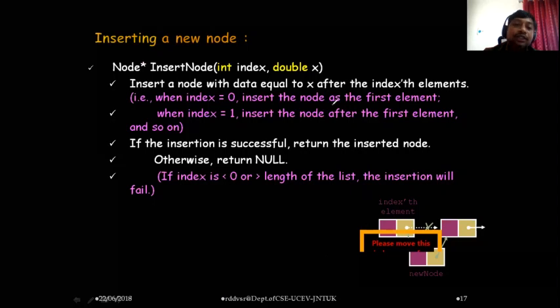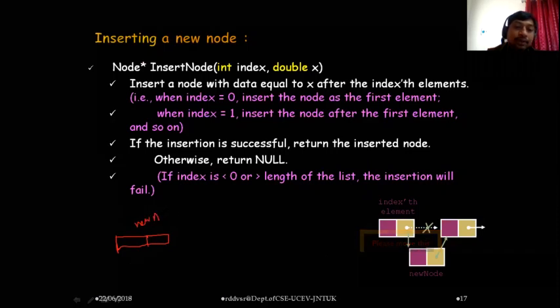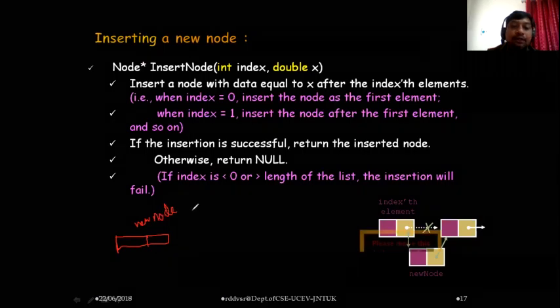Suppose initially your linked list is empty. You want to insert a new element. All that you need to do is create a new node. So this is my newly created node. You can do this by your dynamic memory allocation functions, like we have calloc, malloc, and realloc.